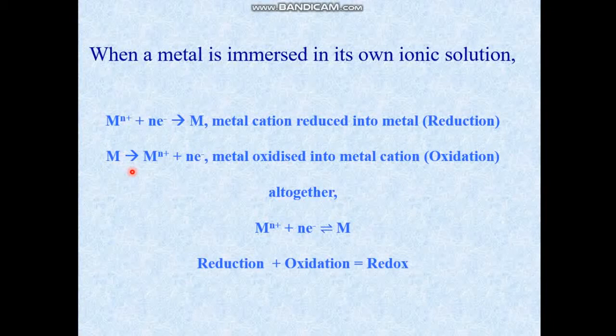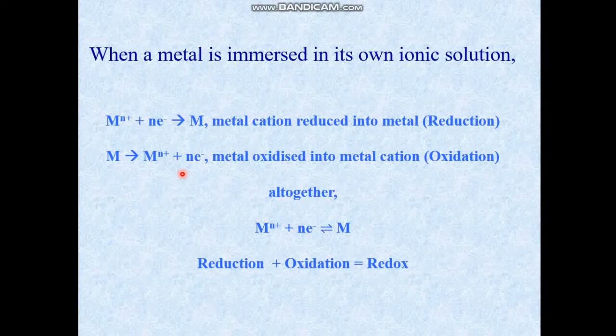So here the illustration is with respect to some metal cation and neutral metal. Here is the metal cation. When it receives some electron, then it becomes the neutral metal. So this is the reduction reaction because the cation is getting reduced. And here is the backward direction reaction where the metal is immersed in its own ionic solution and it loses some electron to become the cation.